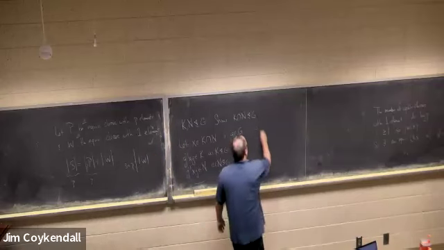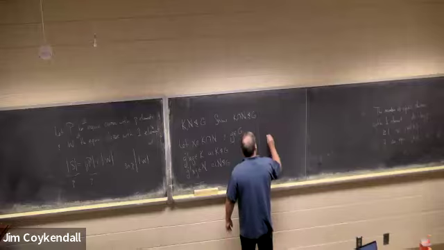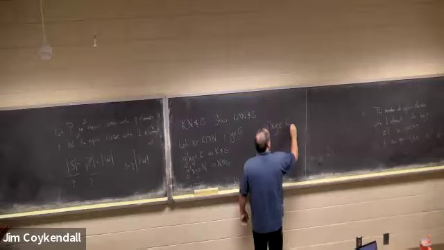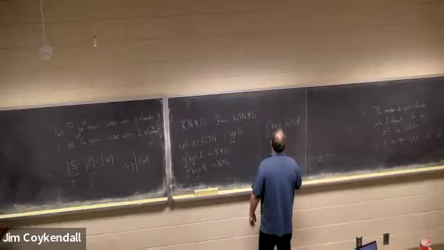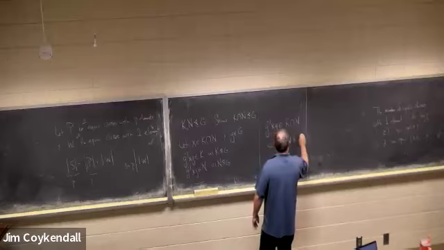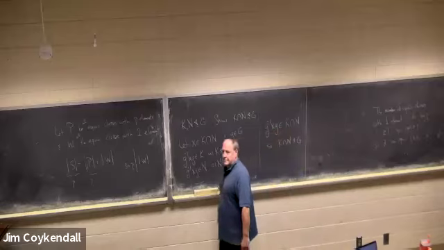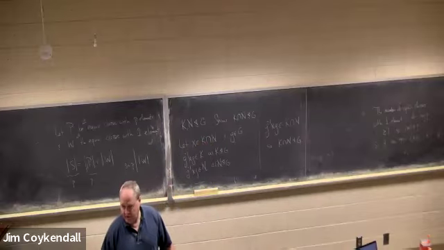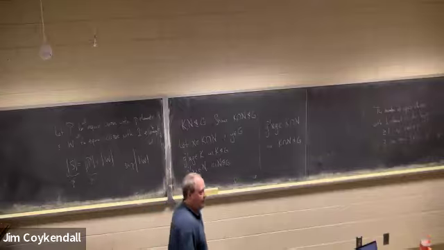So what conclusion do we come to? G inverse XG is in K intersect N. So K intersect N is normal. Makes sense? Yes.